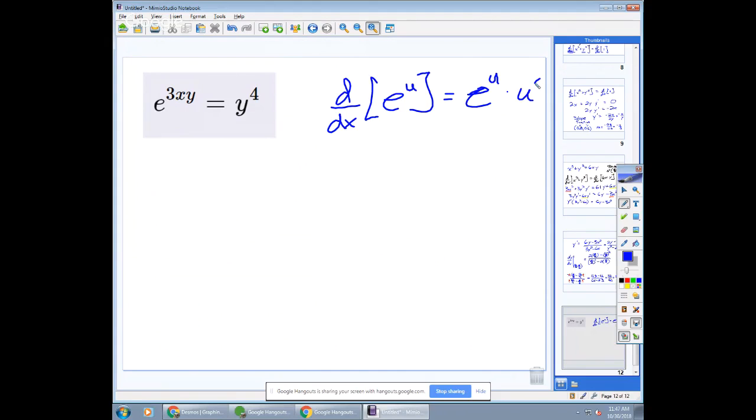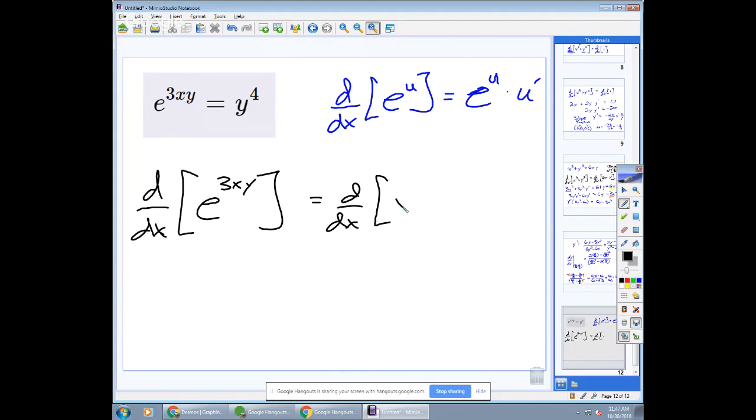So we're just going to do implicit differentiation here. So the derivative with respect to x of e to the 3xy versus the derivative with respect to x of y to the fourth. You said versus instead of equals.